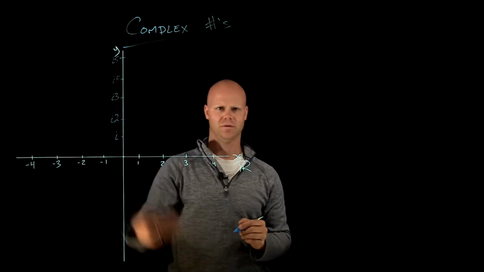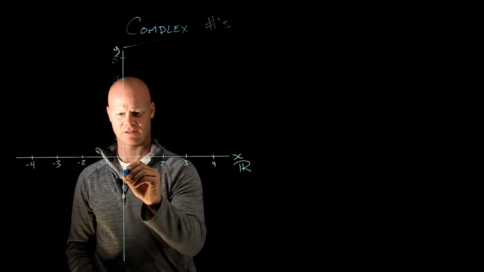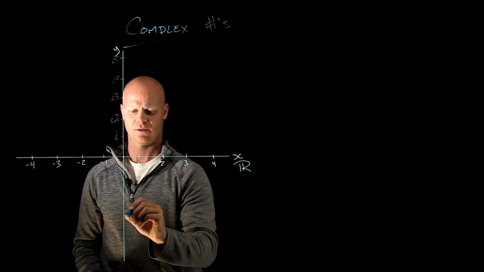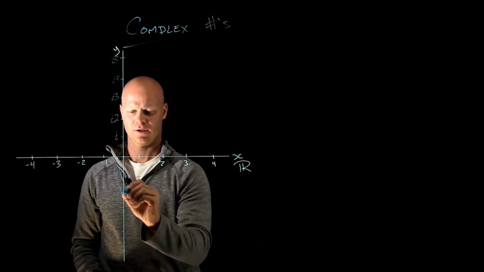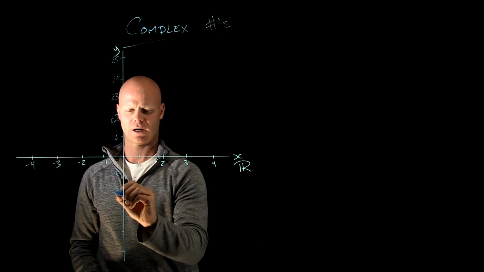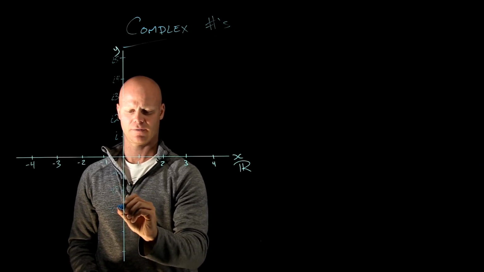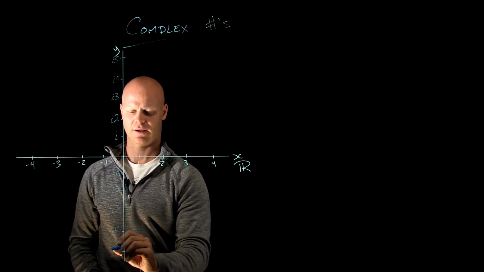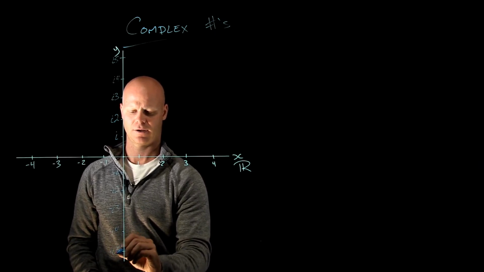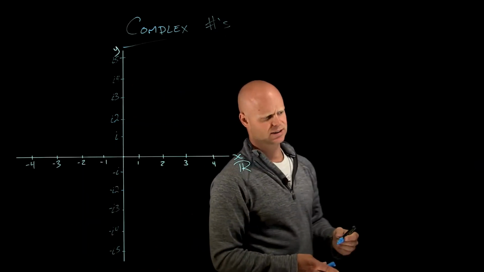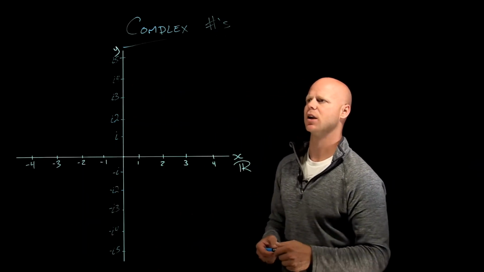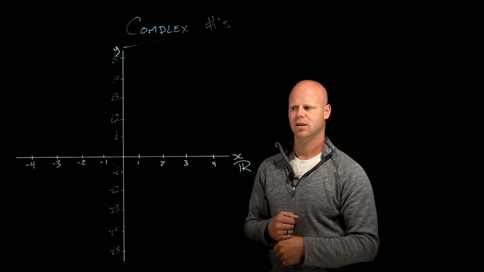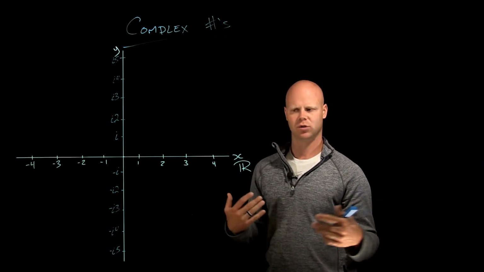If I wanted to move down, I could say this was -i, -2i, -3i, -4i, and -5i. Now I have a distinct way of describing where I am on my coordinate plane, and at no point would you be confused.